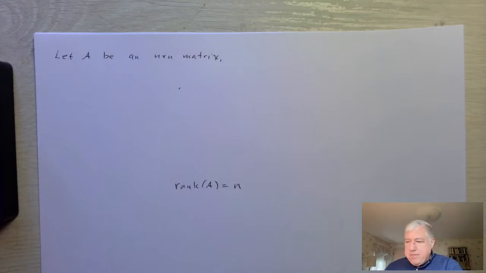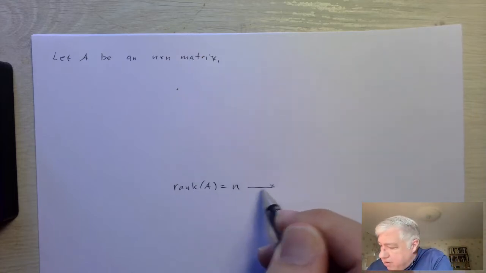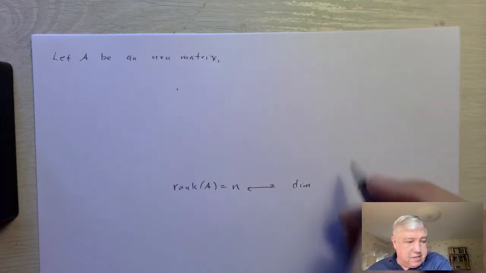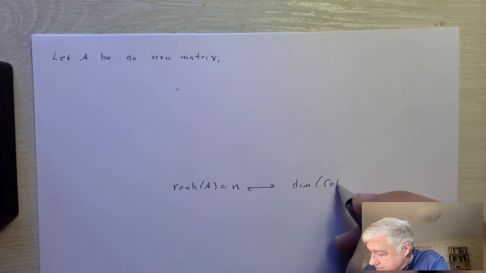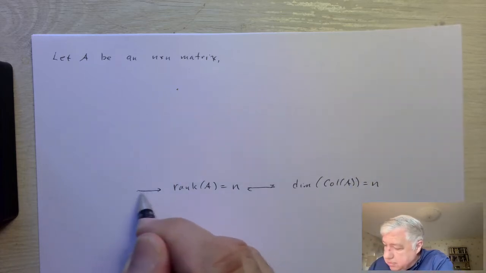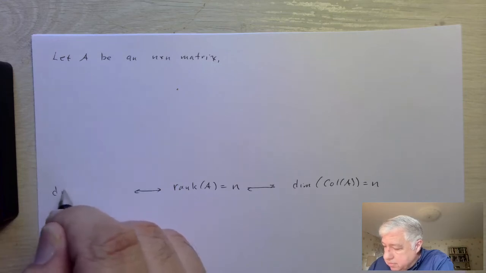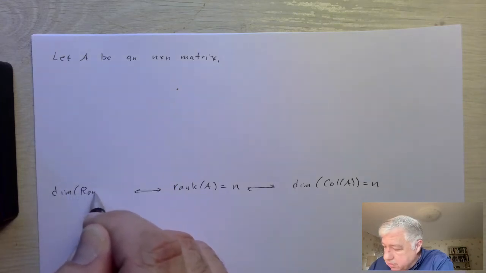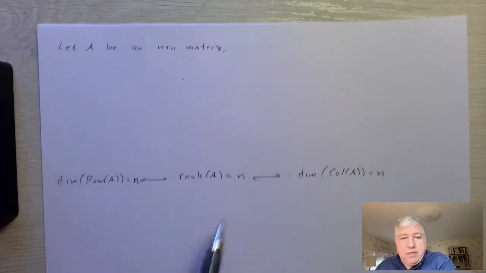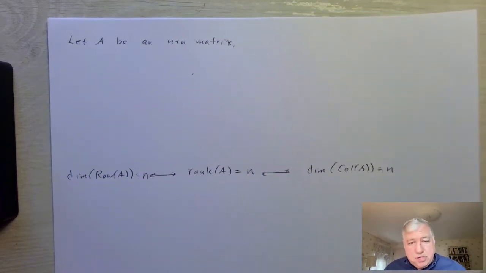But we also said last time that the rank is equal to the dimension of the row space and the column space. So if one of them is equal to n, then they're all equal to n. And remember, the dimension of a subspace is just the number of vectors in any basis it might have.